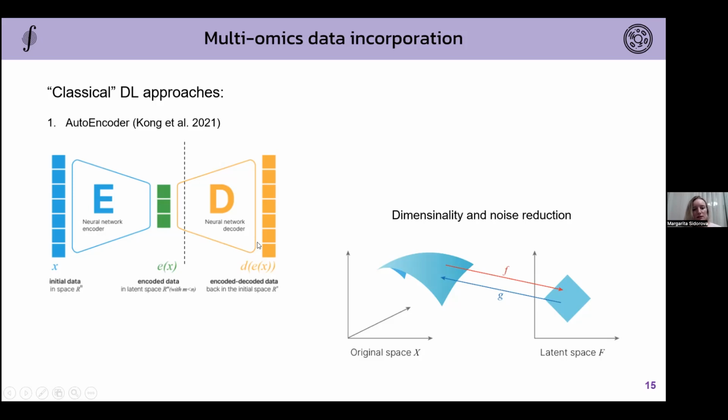And the second part is the decoder, which helps to have our data back in the initial space, however, with some noise reduction. But in the networks for survival, when we want just the dimensionality reduction, we're taking only this part of the autoencoder, transforming our initial data to the latent space, and then giving all these latent features to, for example, Cox-PH based neural networks.